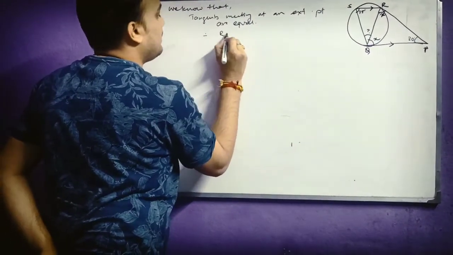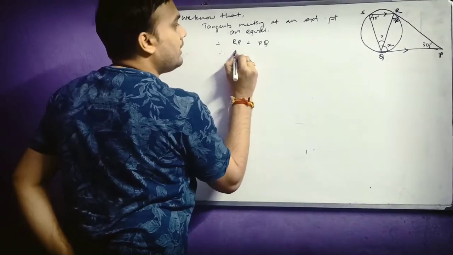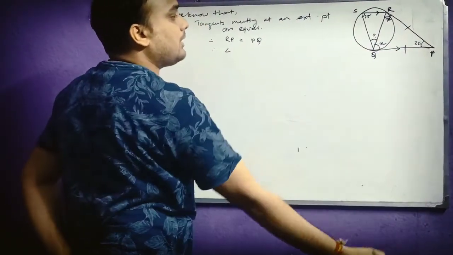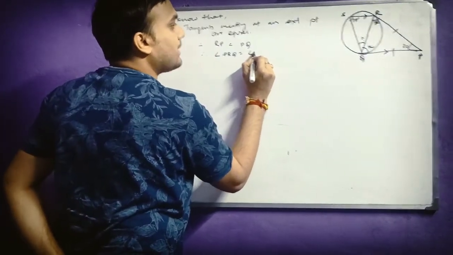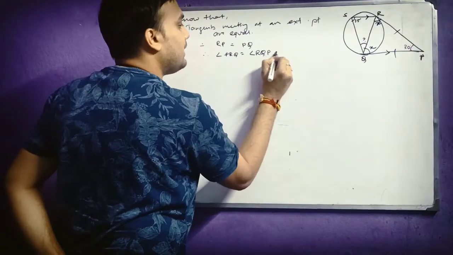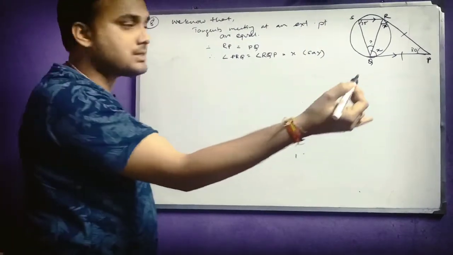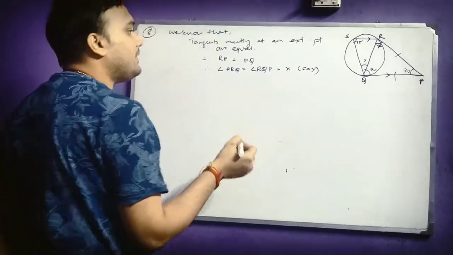Therefore RP equals to PQ. Therefore, if RP and PQ are equal, then we can say angle PRQ is equal to angle RQP is equal to X. We have taken X for our convenience. It is not necessary, but if we take it X, then it will be convenient for us to solve.